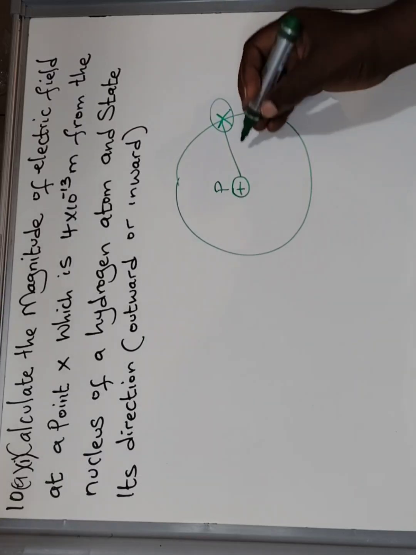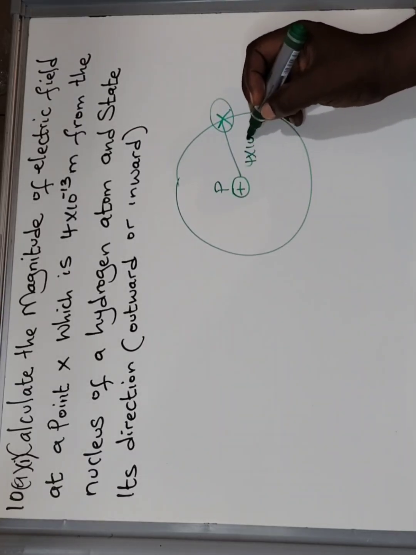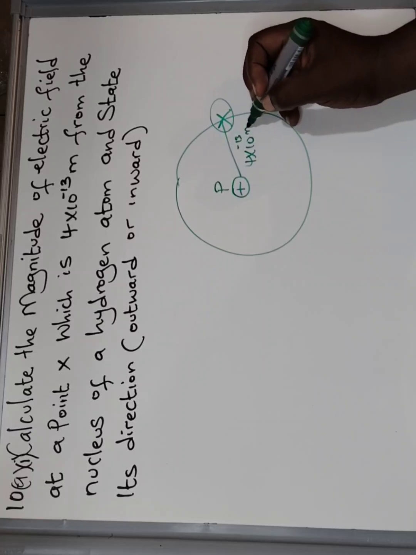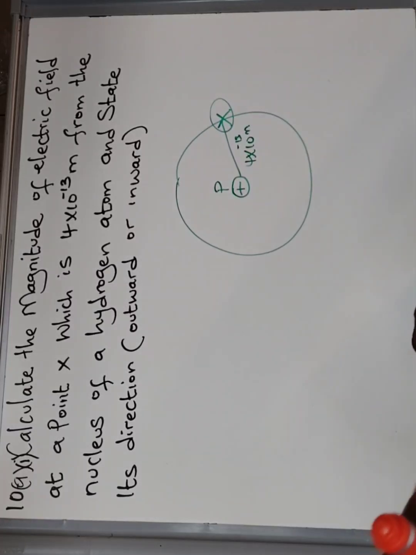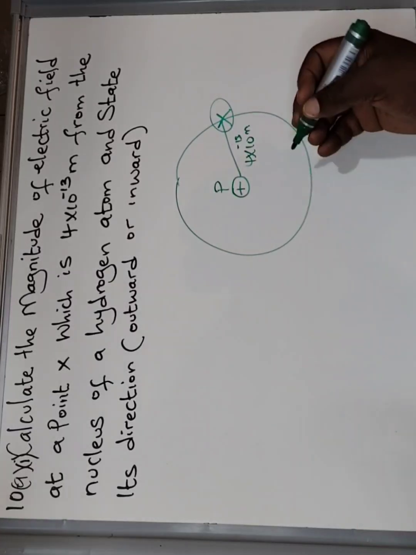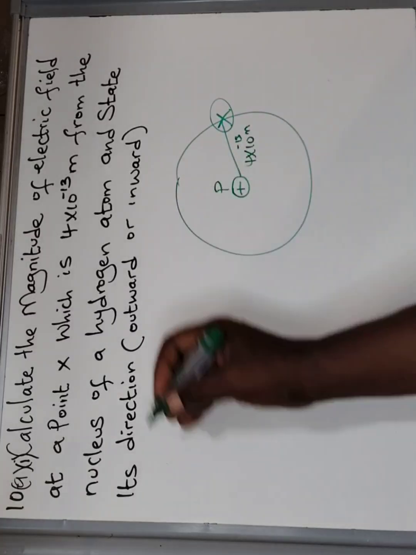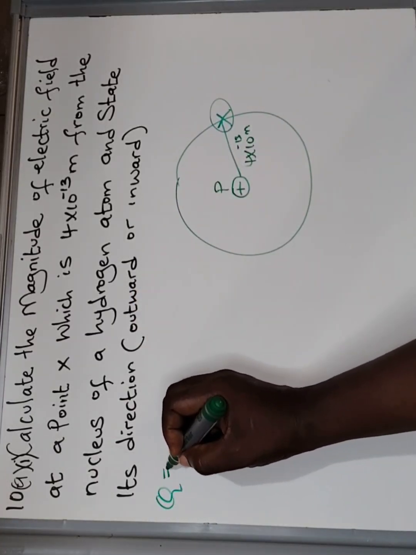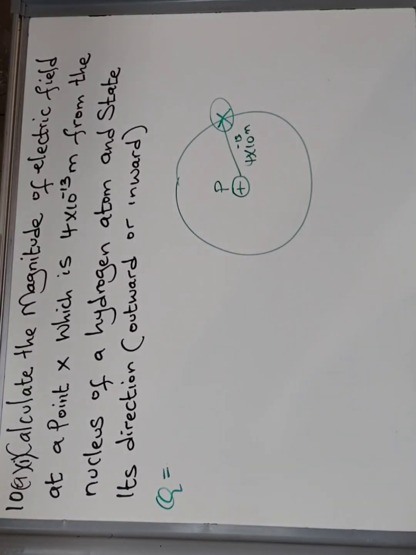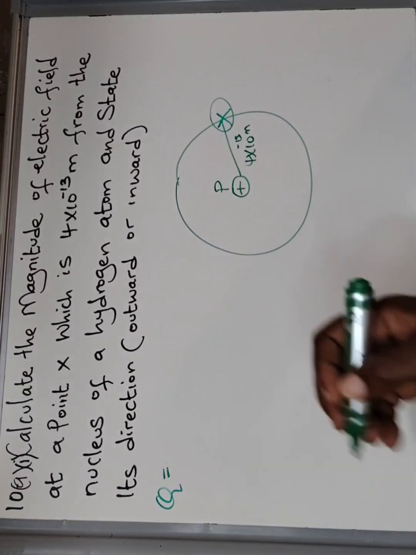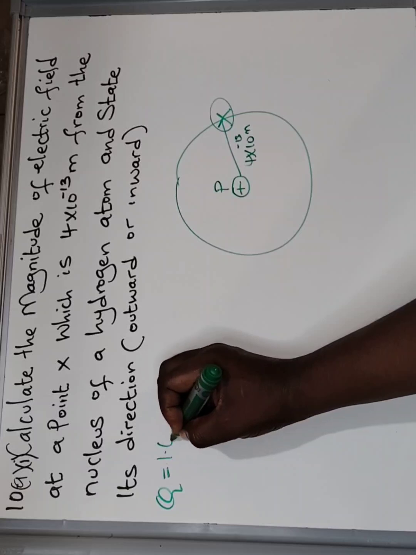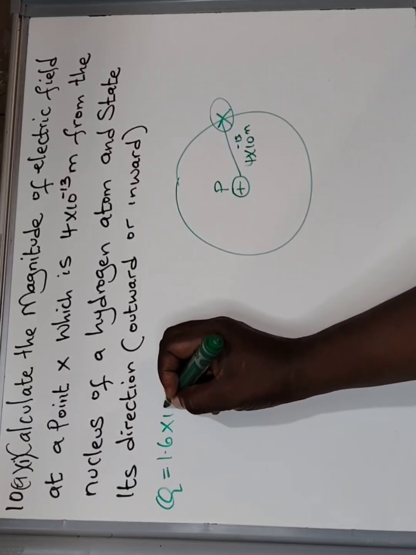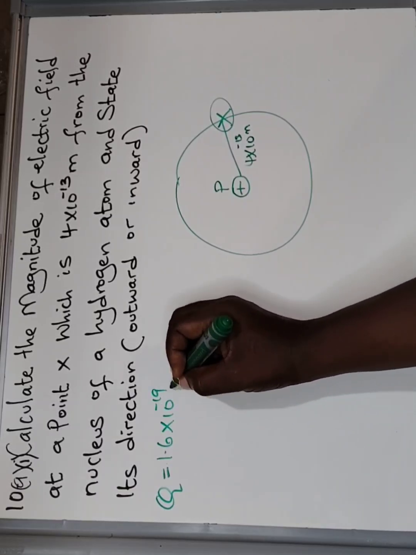We are given the distance, which is 4 times 10 power minus 13 meters. And we know the charge on the proton. When you look at the data, the charge on the proton is the same as the charge on an electron, and it is 1.6 times 10 power minus 19 coulomb.